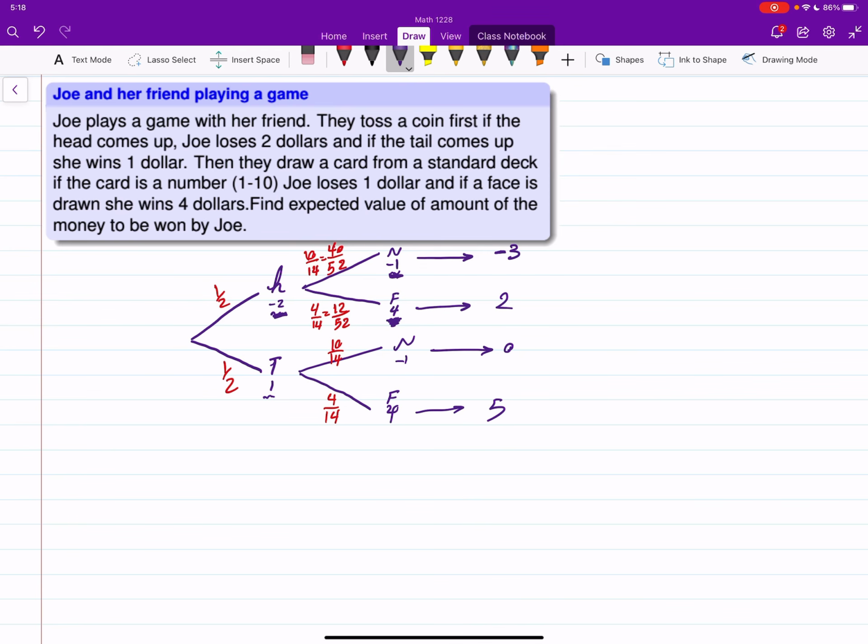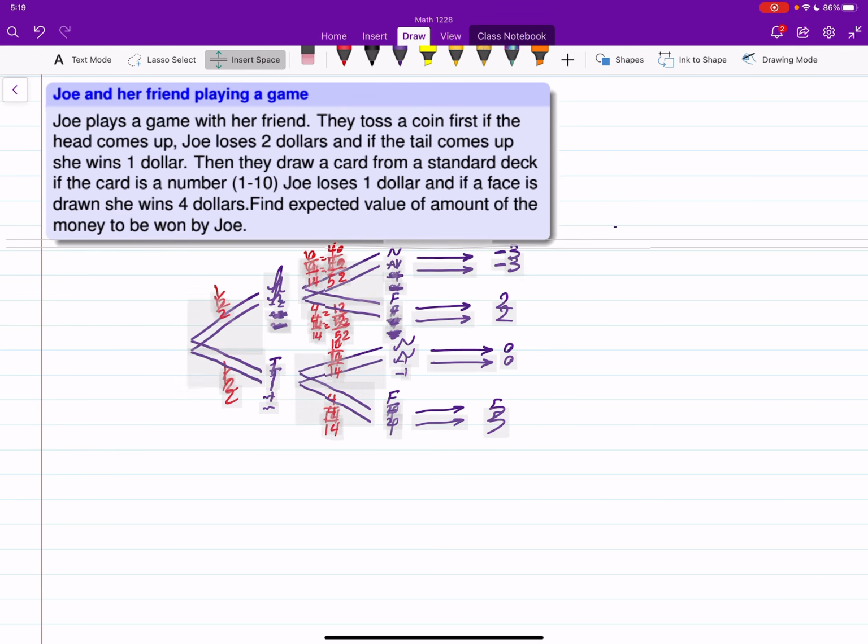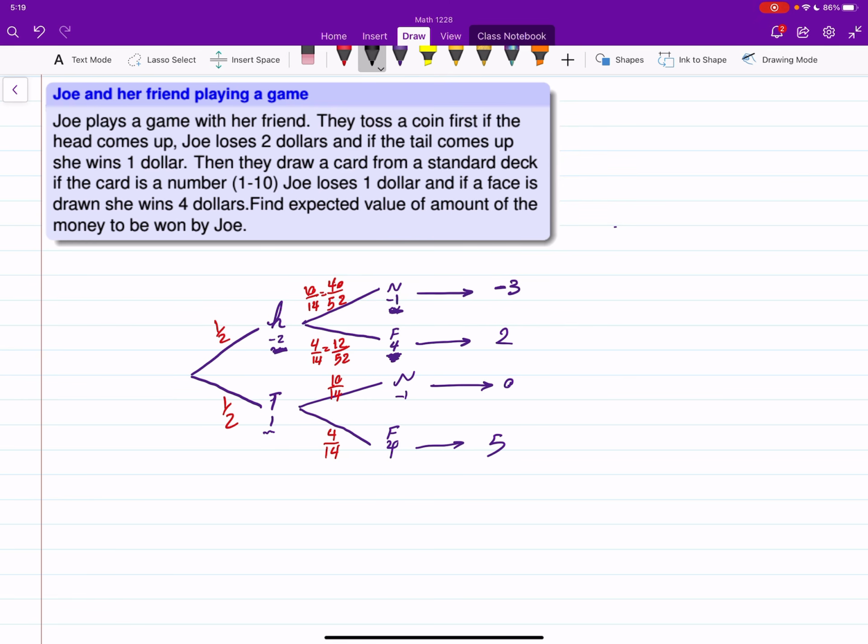How about the probability side? So maybe I shift this one a little bit lower. So those are the values that Joe wins. Now, what about the probabilities? So these are x's, probability of X being equal to x. For this one, we have to multiply these two guys.